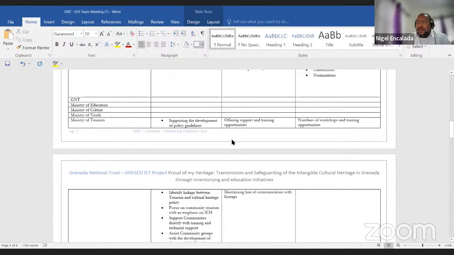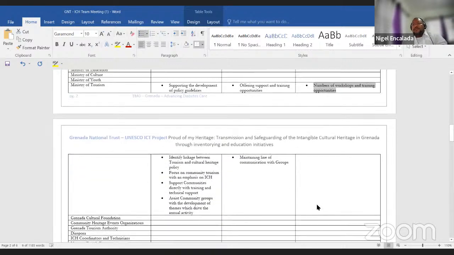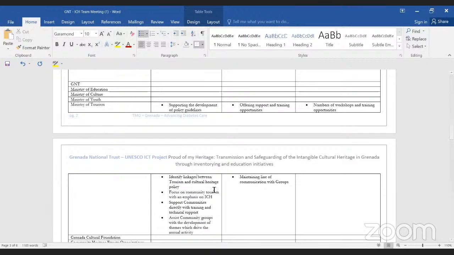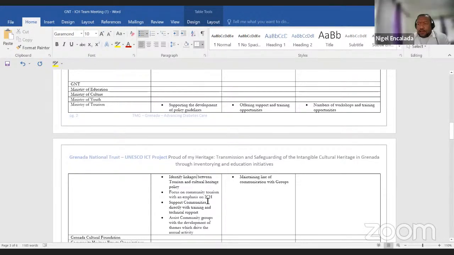Could you look at this, please, to see if it captured? Because I was typing, but I was just trying to understand directly. Could you just look at this to see, please, if I'm missing anything? So supporting the development of policy guidelines, identify linkages between tourism and cultural heritage policy. Is that right? Is that what you said? Yes, that's correct. Focus on community tourism with an emphasis on ICH.